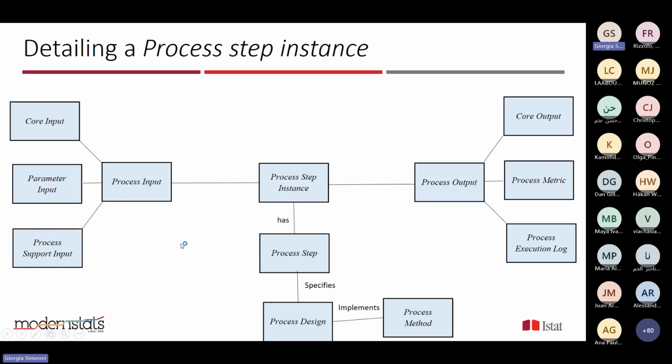Indeed, here there is another example of how you can detail a process step instance with the classes of the business group.